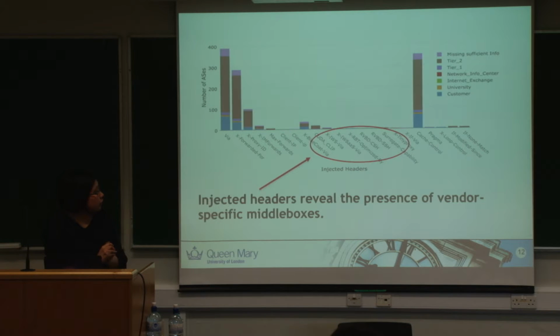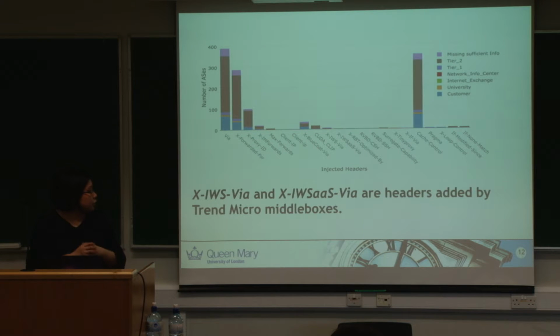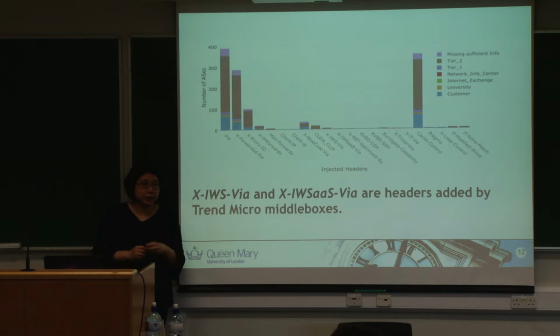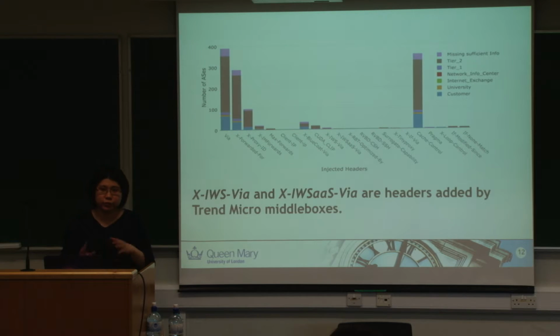And we also noticed that there are some specific vendor middleboxes. For example, the X-BlueCoat-Via header is only used for BlueCoat proxy. And also, for example, the headers with the prefix IWS. IWS represents Internet Web Security. It's a kind of software, a kind of network service for security purposes.